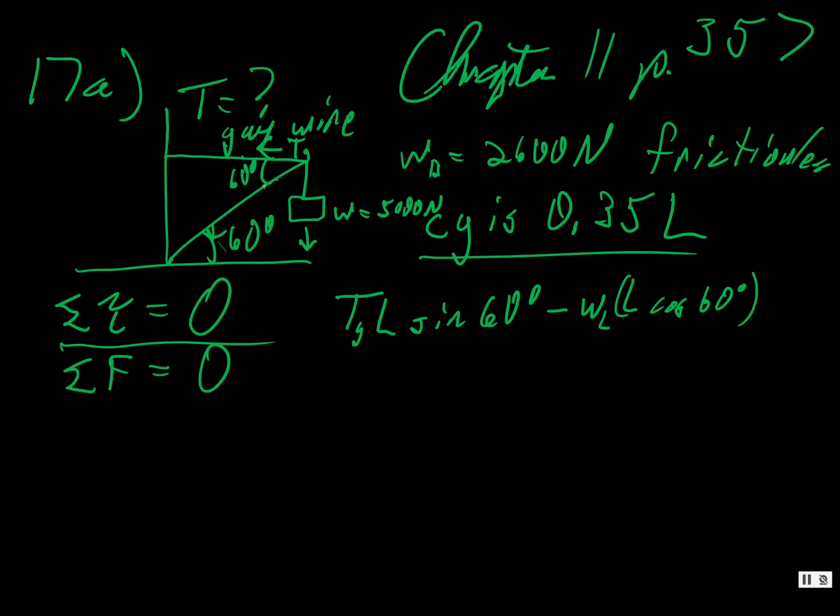Okay, now, minus, I wish I'd have written it all down here, the weight of the boom times 0.35 L cosine of 60 degrees, of course, is equal to 0.